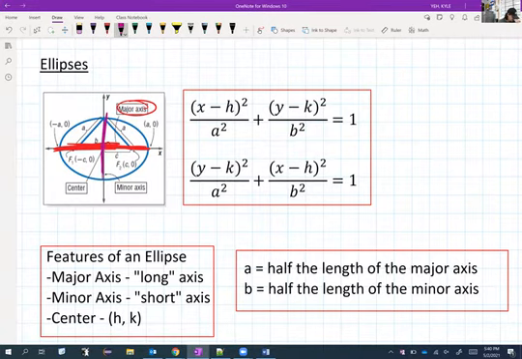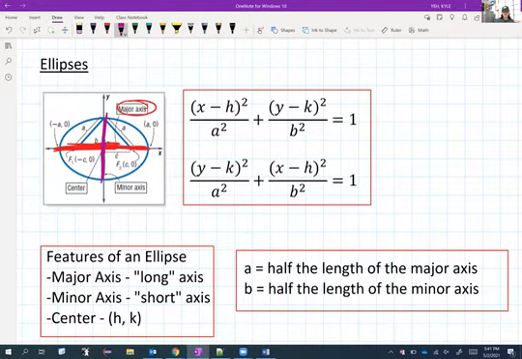The minor axis is the shorter one. Easy enough, major long, minor short. So over here on the top right, we have the standard forms for an ellipse. (x - h)^2 over a^2 plus (y - k)^2 over b^2 equals 1.